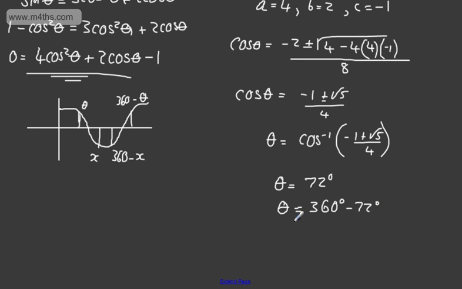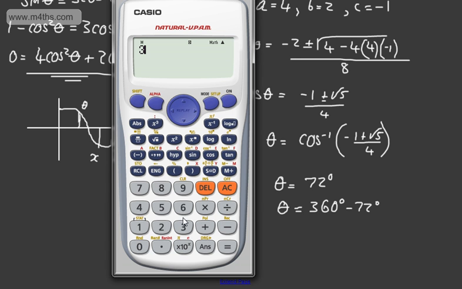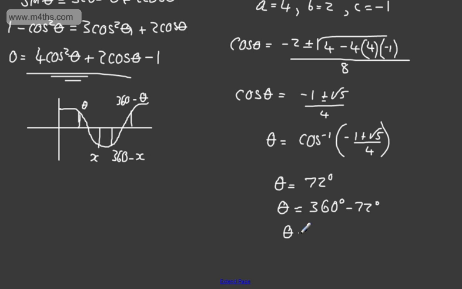So just plugging that in or working it out mentally, we can go ahead and write the second solution. So the second solution will be 288. So theta will be equal to 288. That's a bit lazy of me to use a calculator, but again, we found the value.